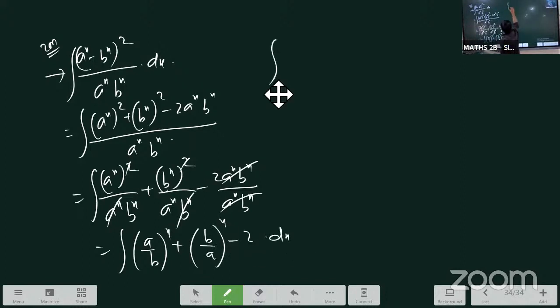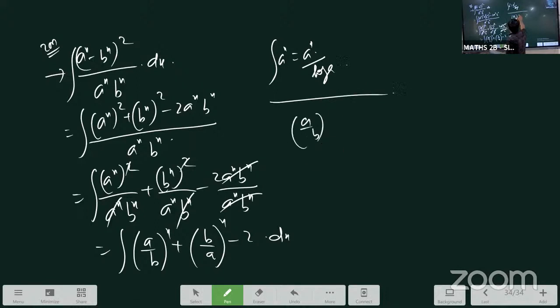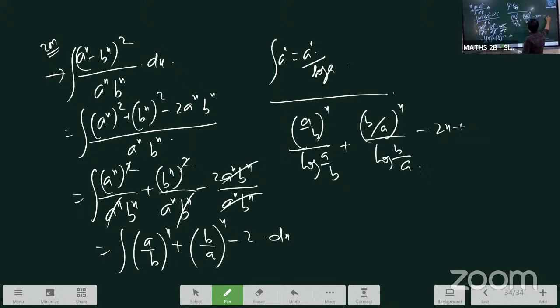Now what is the integration of a power x formula? A power x by log a. In the same way, it is a by b whole power x by log a by b, plus b by a whole power x by log b by a, minus 2x plus c. Is it clear? Right.